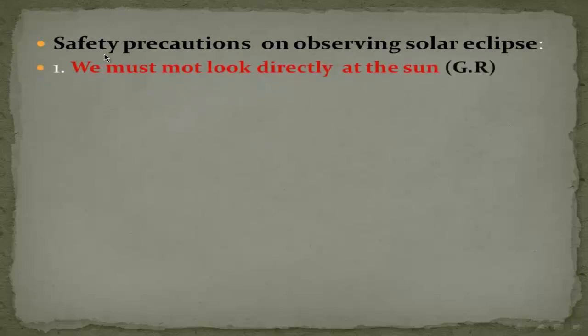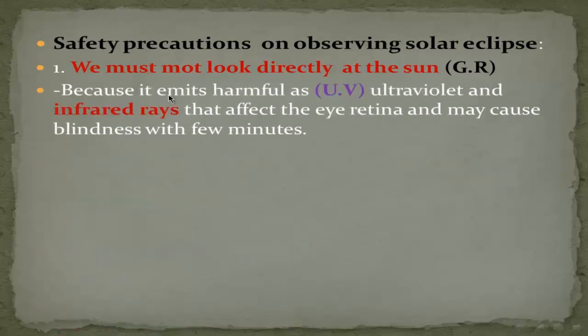The first precaution: we mustn't look directly at the sun because it emits harmful radiation. As we know, the sun emits some harmful radiation and some useful.